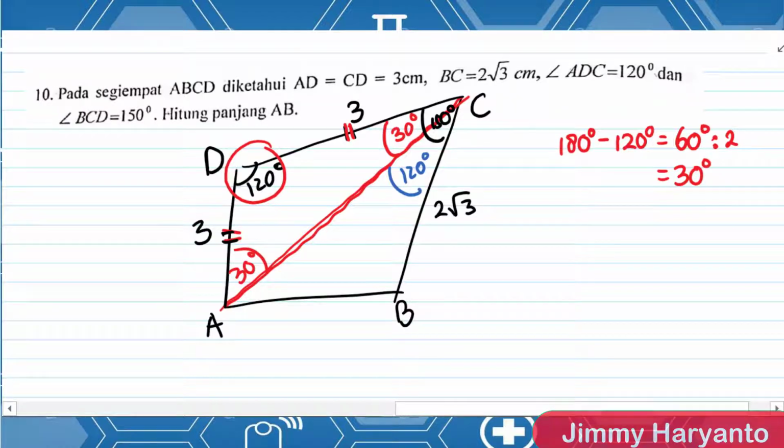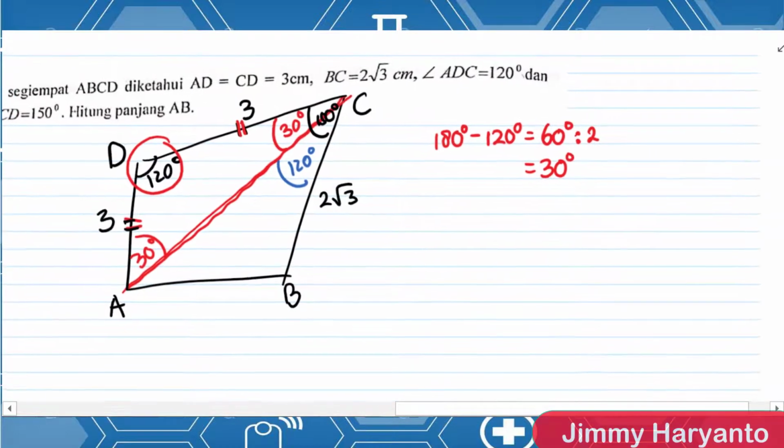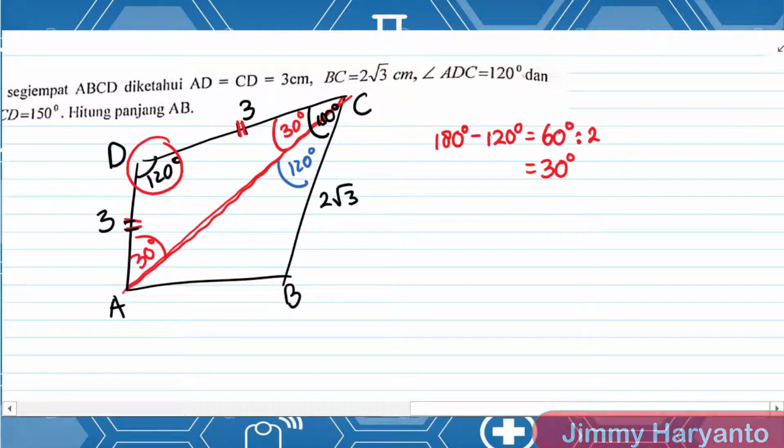Okay, this is pretty easy. But now I have to find AB. Before we find AB, we should find AC first. Maybe we can use the sine rule, because we have angles. So this pairs up with this, and then 120 pairs up with this one.